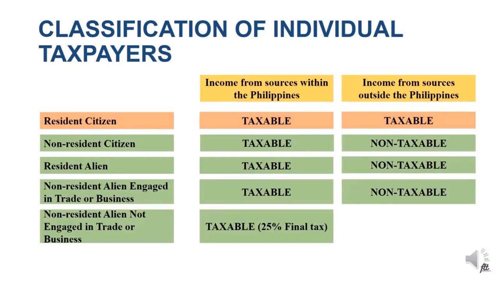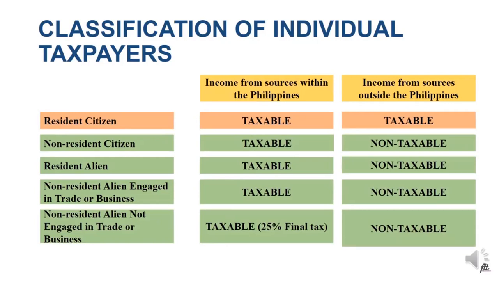If their incomes are from outside of the Philippines, they would not be taxable in the Philippines. So, when I say non-taxable, again, it doesn't mean that they are entirely non-taxable. It just means that for Philippine taxation, these incomes derived abroad are not subject to Philippine taxation. But of course, the country wherein that income was derived will impose a tax on such income.